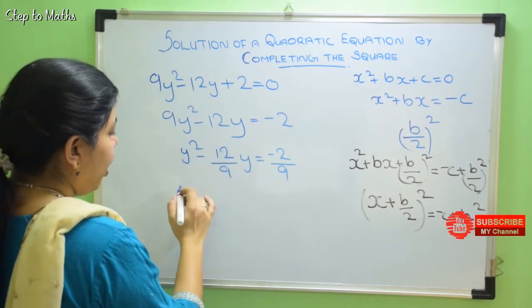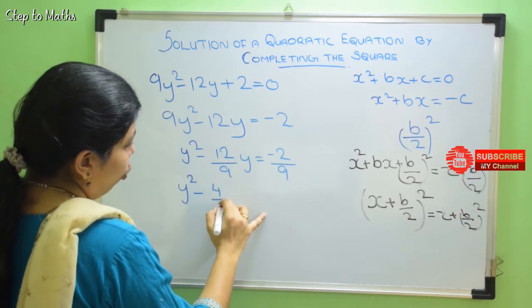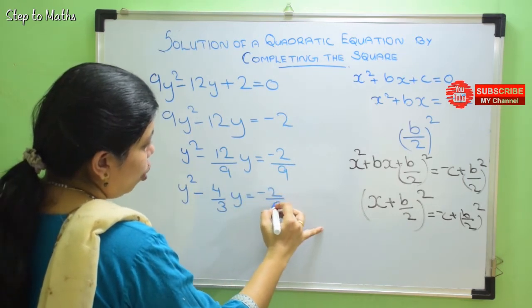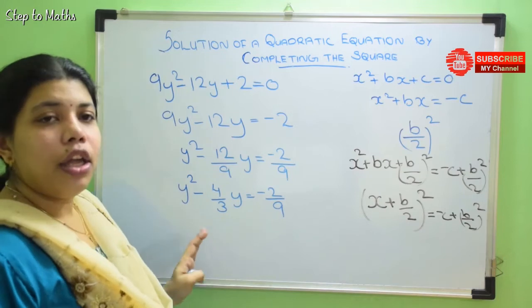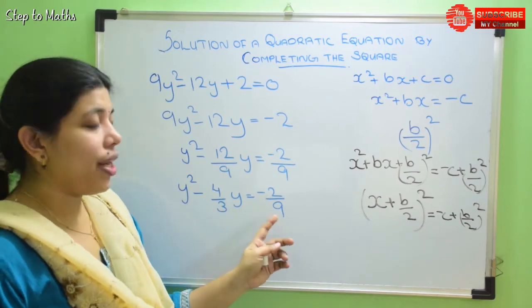This 12 by 9 we can simplify: y square minus 4 by 3 y equal to minus 2 by 9. Now the equation is in the form x square plus bx is equal to minus c.